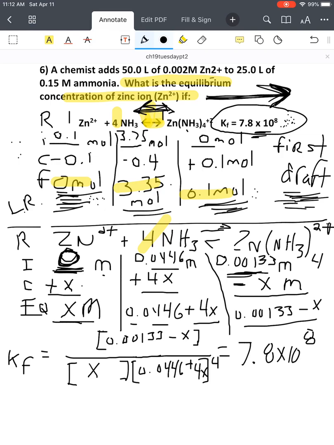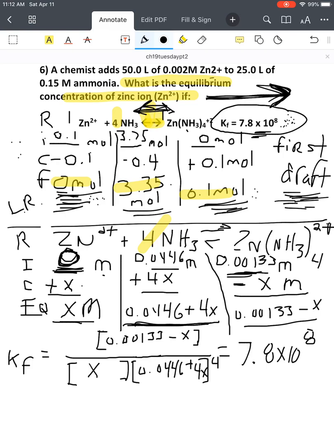Is that all making sense? So just, I think at this point, make sure that you understand where I got all these numbers from. I think maybe you're following along, right? We use our Rice table to figure out what the equilibrium concentrations were in terms of x, and we've only just plugged them into the Kf expression. And like I said, we've been doing that for weeks now, right?